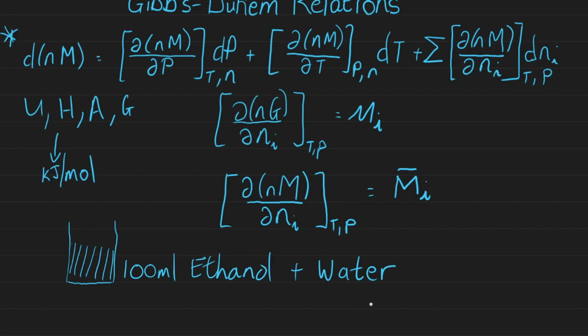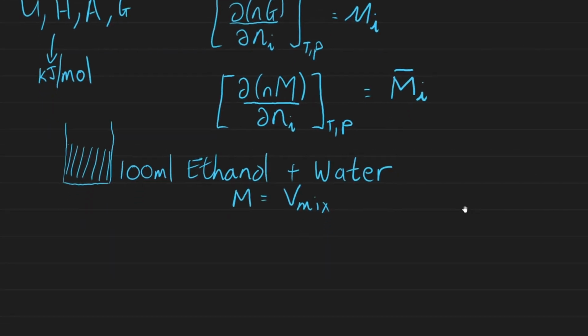So let's just say now we're talking about M, and M refers to the volume of the mixture. Let's just say we're saying that this generic property M, whatever it is, is the volume of the mixture, which we said is 100 milliliters. So what would be this partial property?